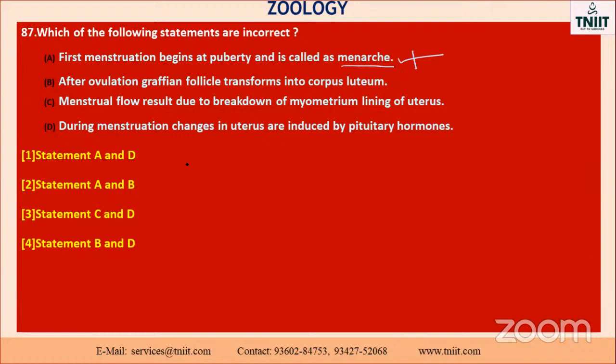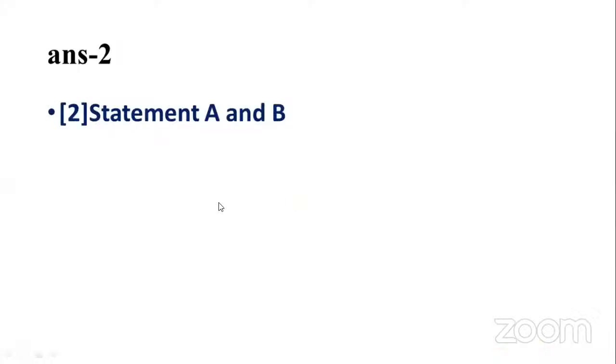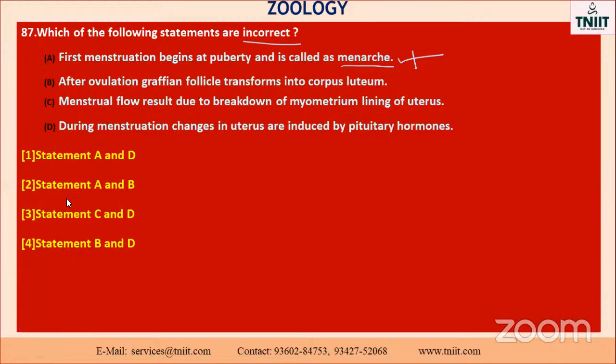No, it is not incorrect. After ovulation, the Graafian follicle transforms into the corpus luteum. Here, which of the following statements is incorrect? Only that is asked. Okay. The options have given statements A and B as the incorrect statement. A and B. So the first menstruation begins at puberty and it is called menarche. It is not a correct one.